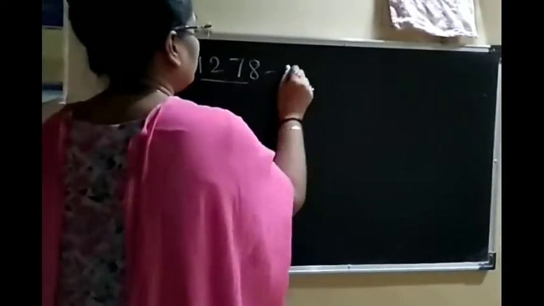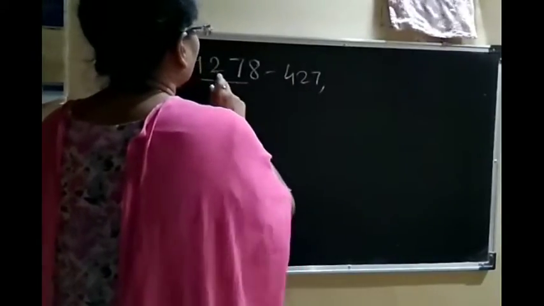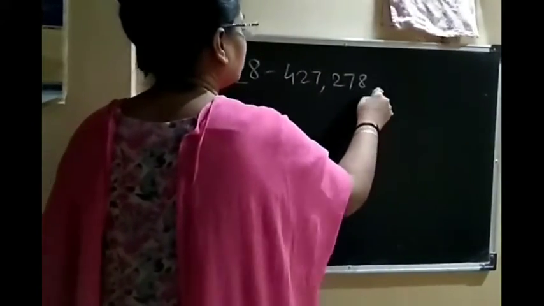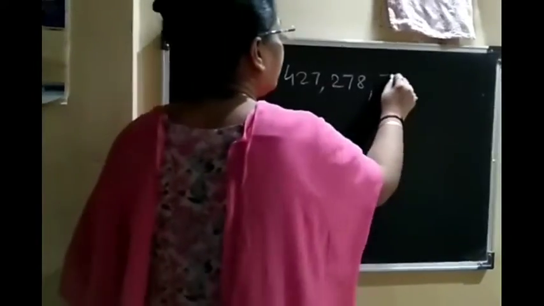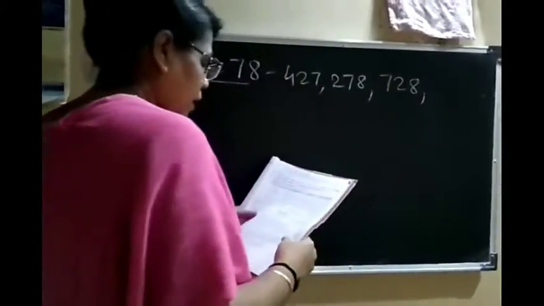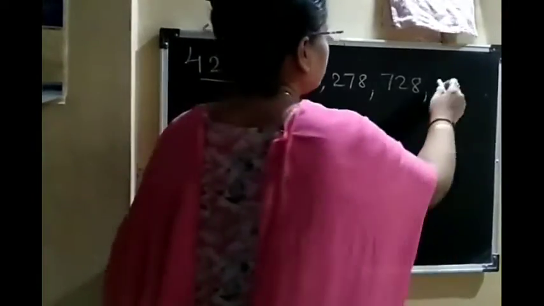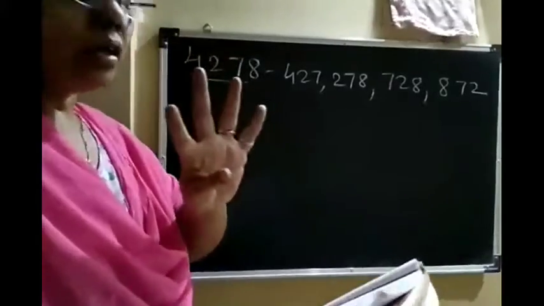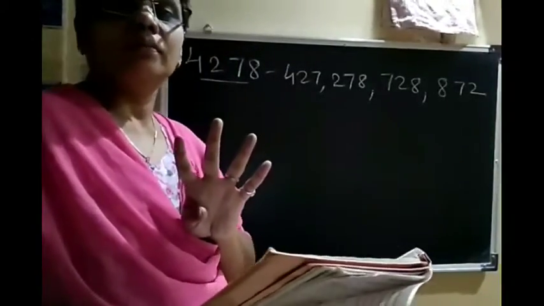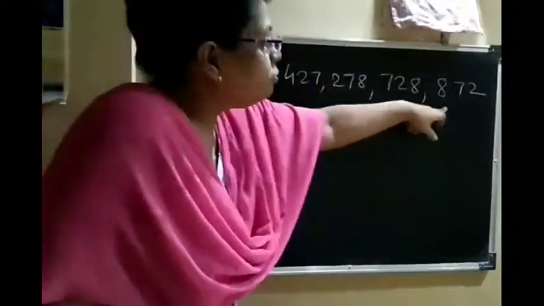So first we will take 427, 278, then 728, and then 872. Only 4 3-digit numbers we have to make. Only 4: 1, 2, 3, 4.